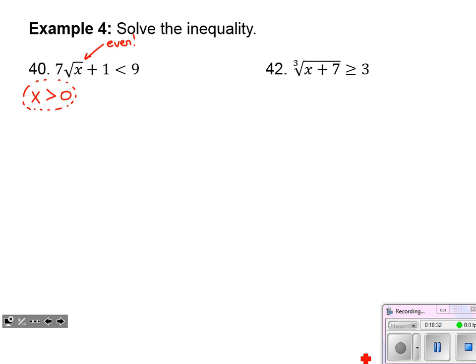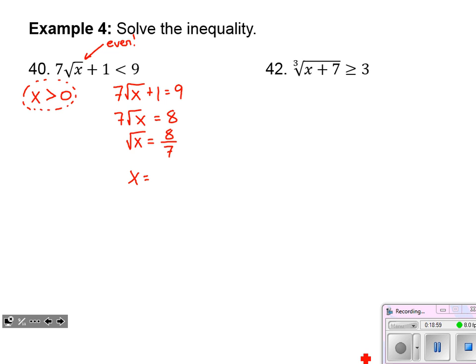After that, we're going to treat it as if it were an equation. 7 root x plus 1 less than 9. Well, I'm going to imagine that instead of less than, it just says equals 9. All right. Well, here we would subtract 1 from both sides. Divide both sides by 7. Ooh, this is not a friendly one.